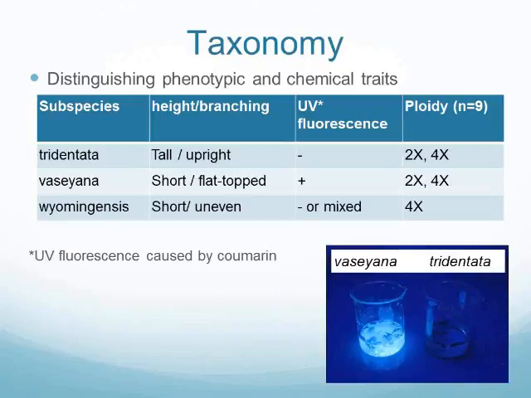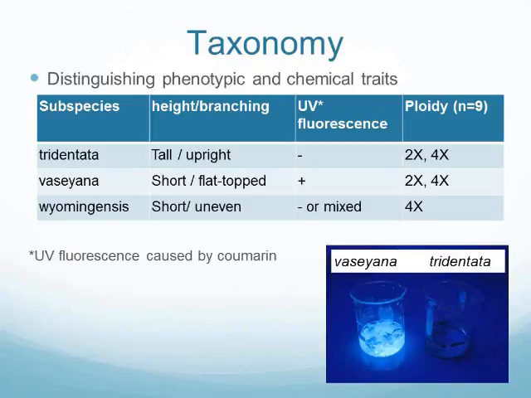You can find both diploid and tetraploid plants that fit this morphology. Vaseyana is shorter and flat-topped, and it has positive UV fluorescence, which is right down here at the bottom. It again can exist as diploid or tetraploid.